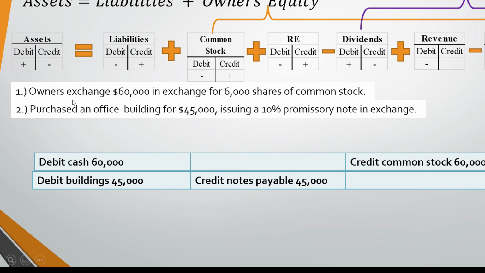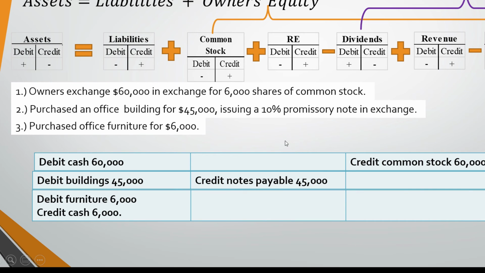That works out. Let's buy the office furniture again. Debit furniture, maybe equipment, credit cash. So 2 things are always true with every transaction: assets equal liabilities plus equity, and debits equal credits. Let's pay those worker wages.